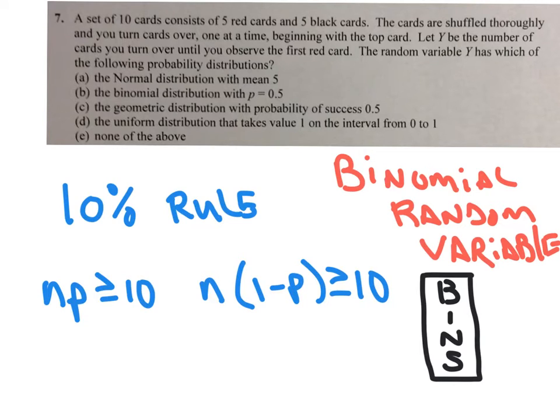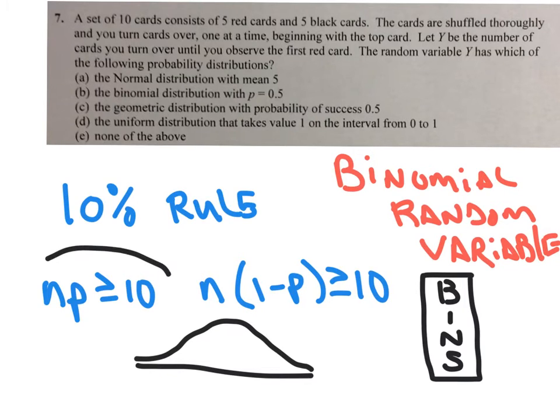Now, the other thing is, can you check whether a normal approximation works? Remember our normal curve stuff, normal CDF. Can we do it with this binomial random variable?